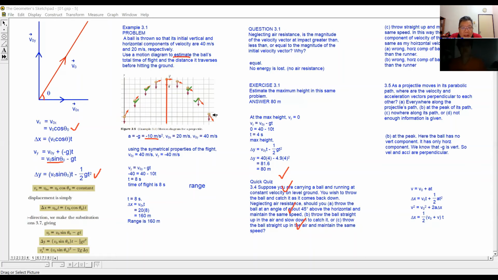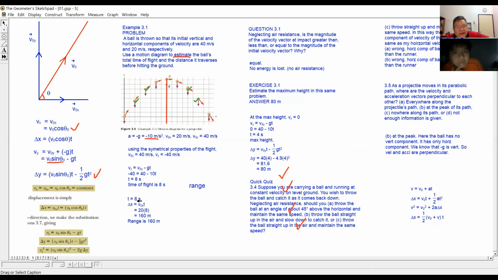At the end, when it is about to land, the velocity is negative 40. The initial velocity is 40, and the acceleration due to gravity in this problem is negative 10. So you move the 40 over to the other side, then it becomes 80. So 80 divided by 10 is 8 seconds. So the time of flight is 8 seconds.